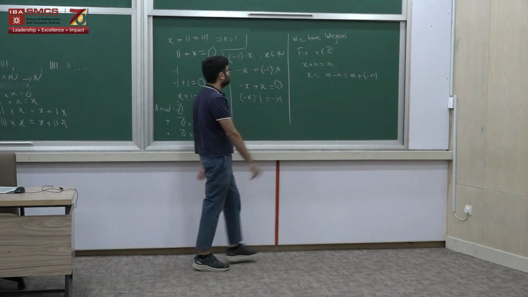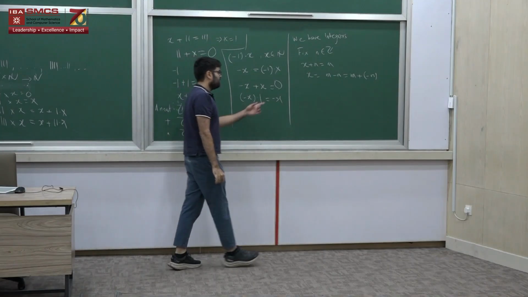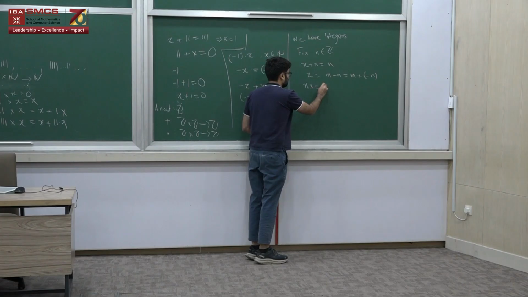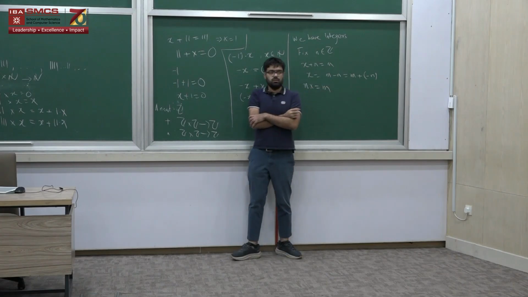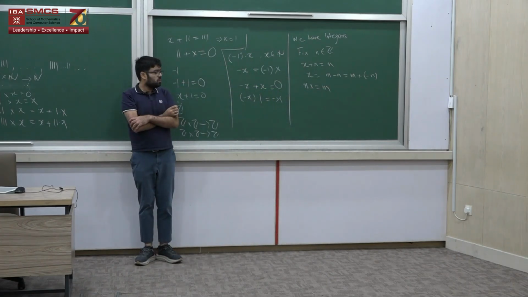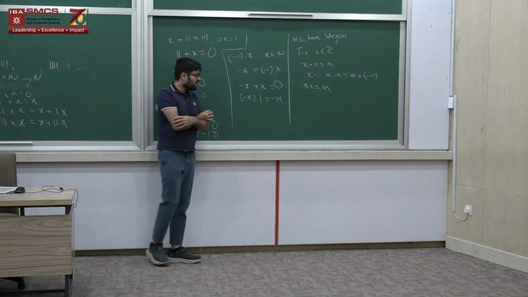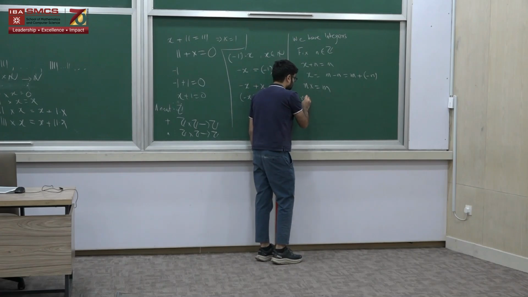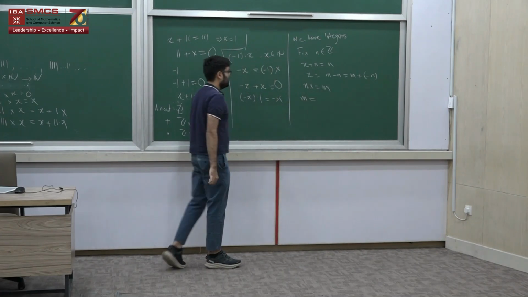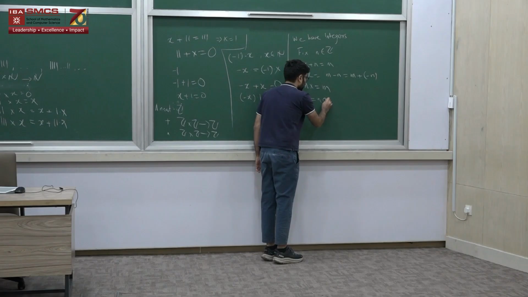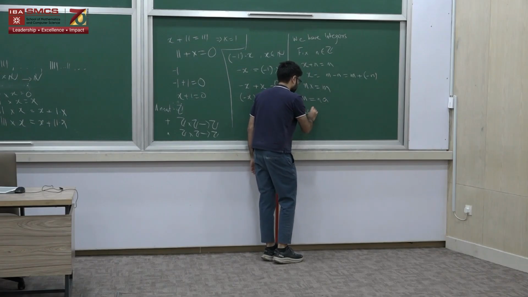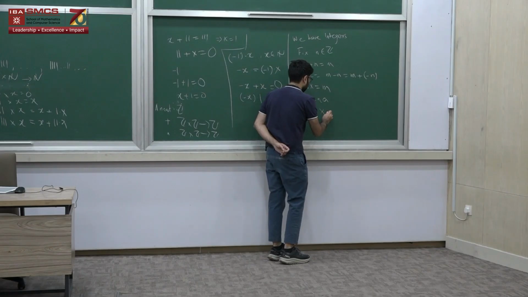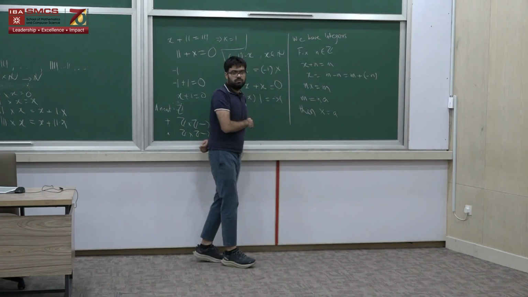So far so good, but what I can't generally solve is an equation of the form n x is m, right. I will not be able to solve them in general. In special cases I can solve them. So what can happen is that maybe m is n times a, then x is the only solution.